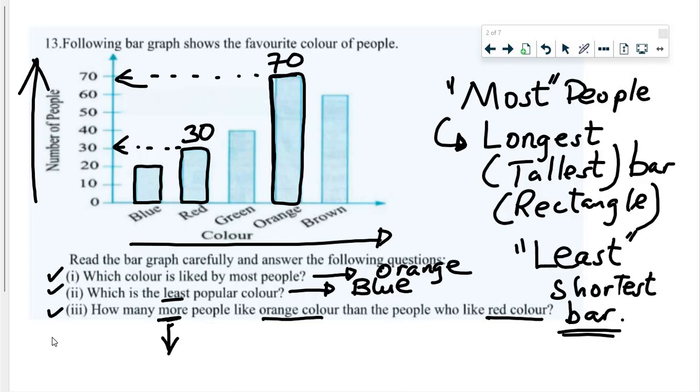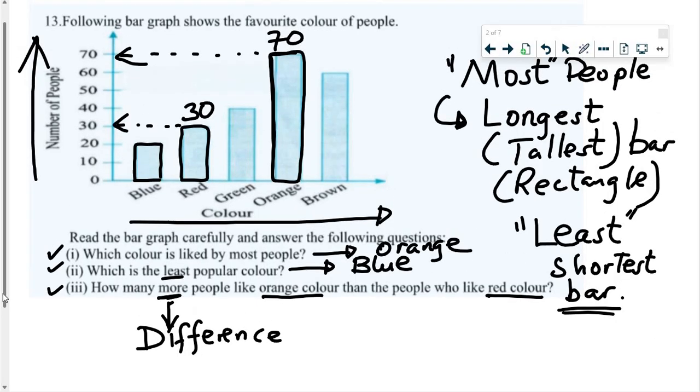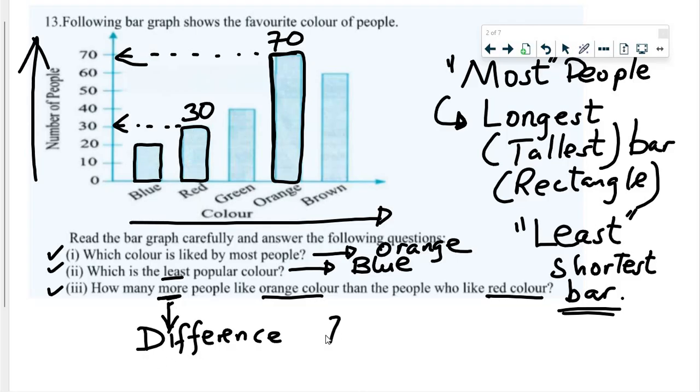This keyword in this question, the way it has been used, it means difference. The difference between the number of people who like orange color versus the number of people who like red color. So look for the difference between 70 and 30, meaning subtract this.